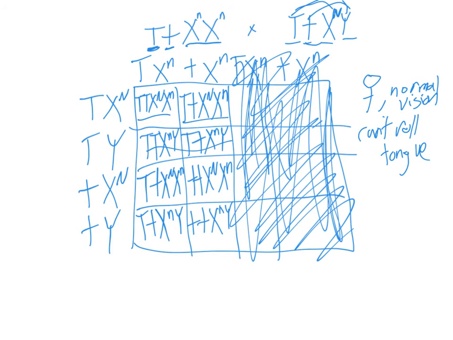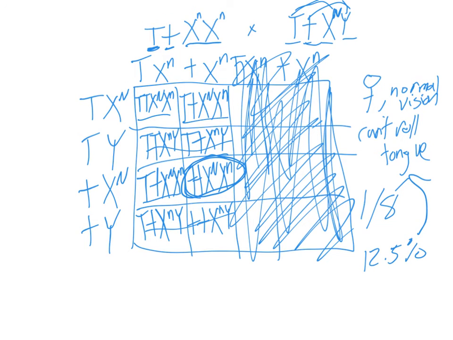These two are male. Here we have another one that can roll her tongue. Here's a female child with normal vision who can't roll her tongue. And these two are male. So it looks like my odds are 1 out of 8 or 12.5% that they would have this combination.